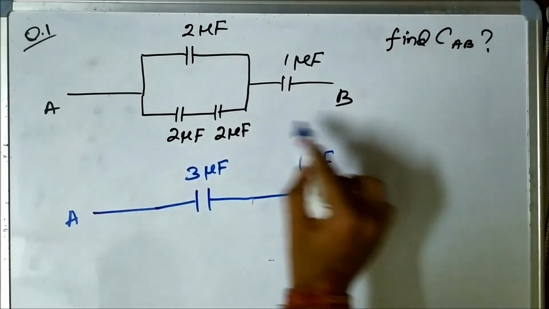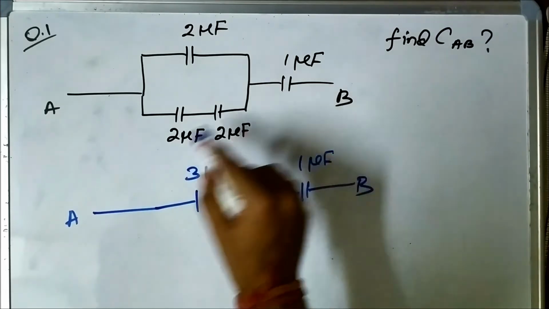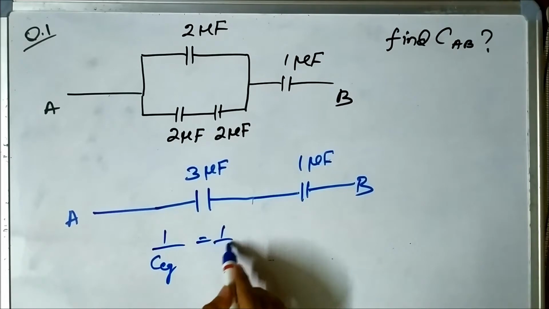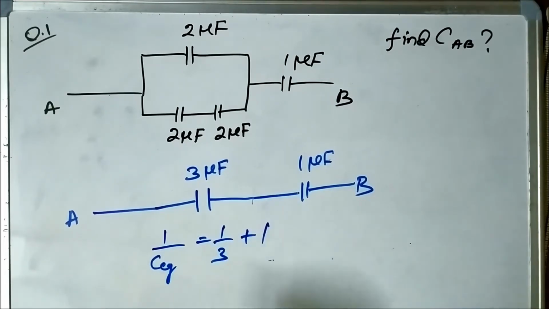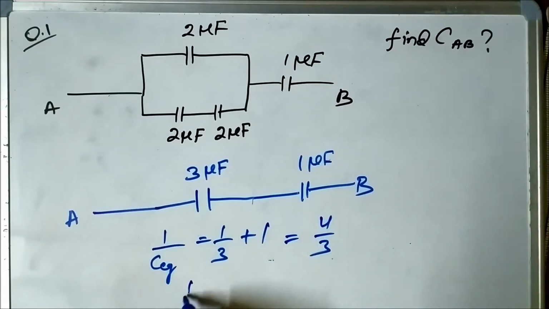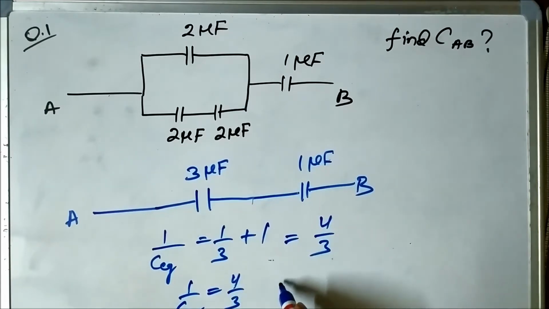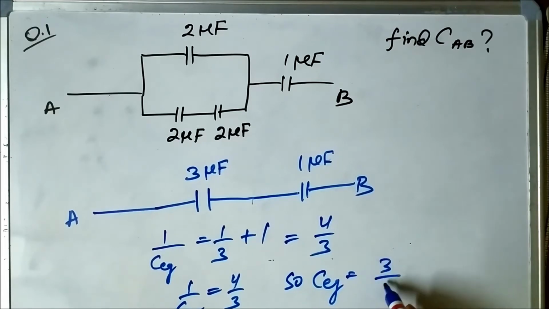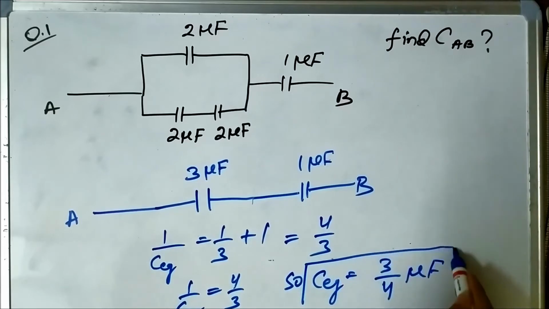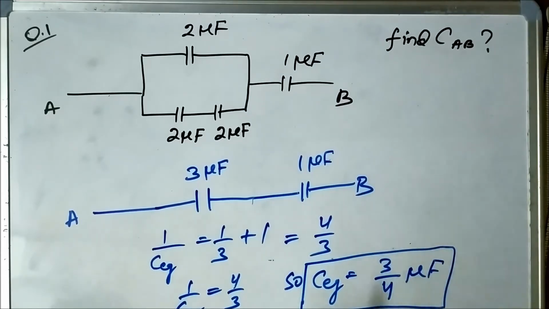So the equivalent capacitance of this combination will be 1 by C equivalent is equal to 1 by 3 plus 1, which is equal to 4 by 3. So C equivalent will be 3 by 4 microfarad.